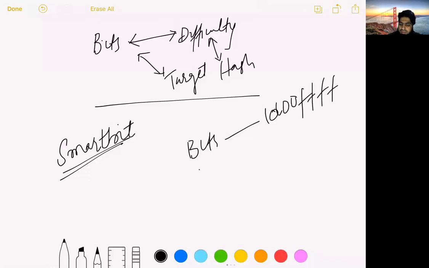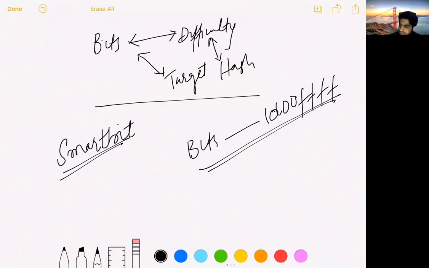So I will try to explain how it is converted to target hash.